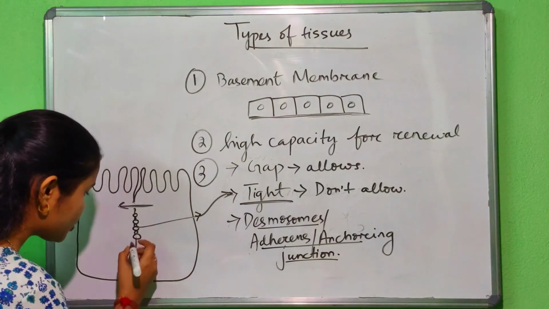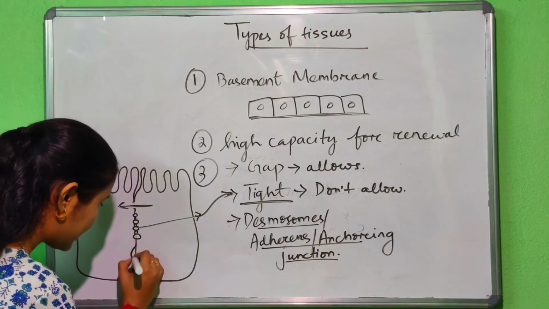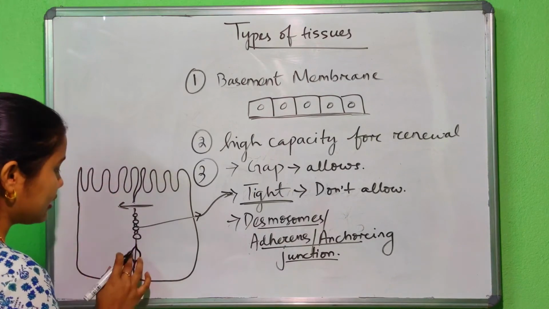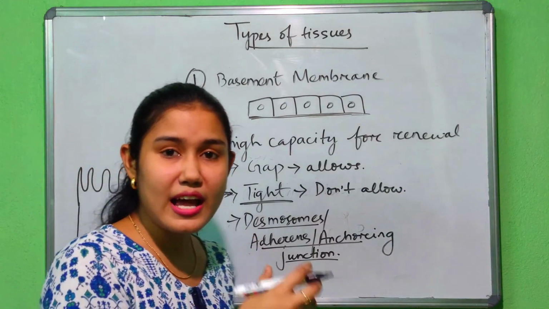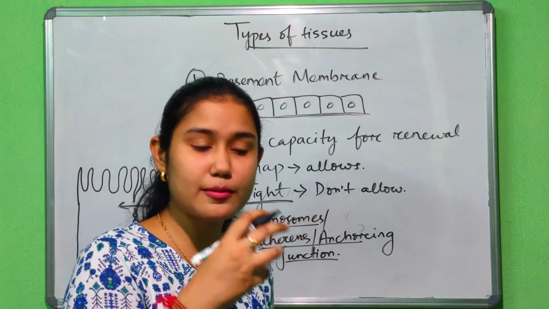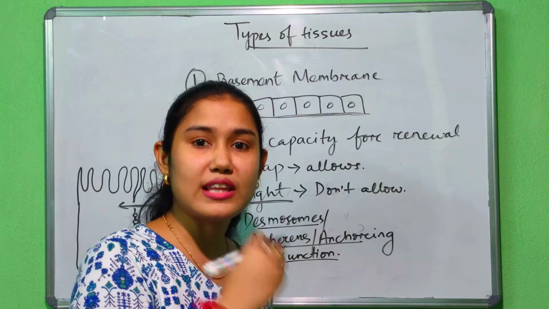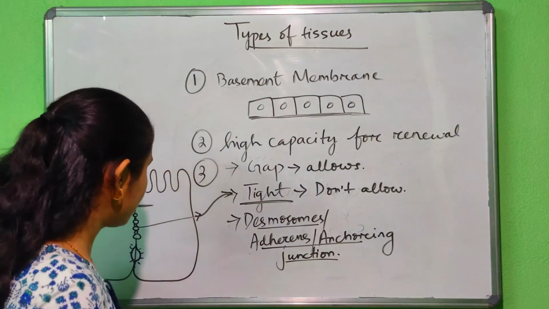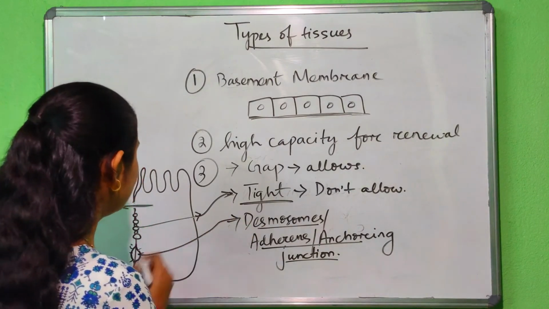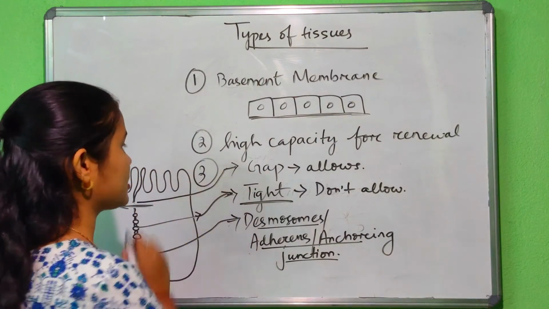What do these desmosomes do? They hold the two cells tightly and help in adhering the cells. It provides adhesion between the cells. So this is the desmosome, and this is the gap junction.